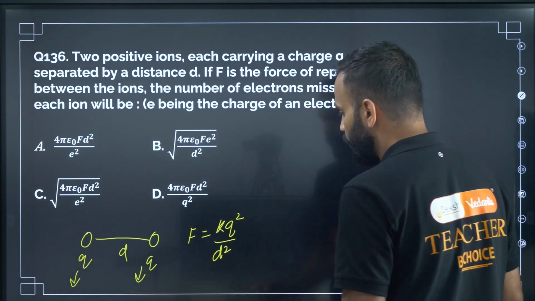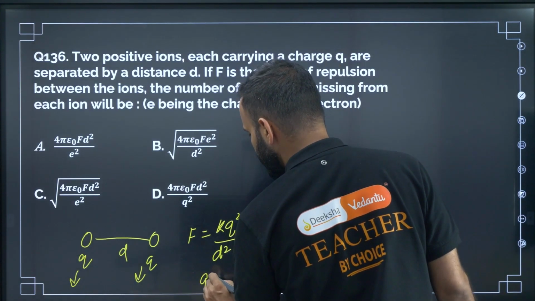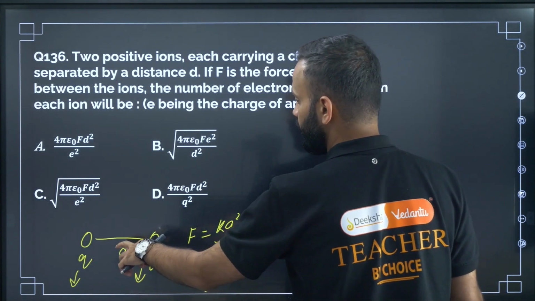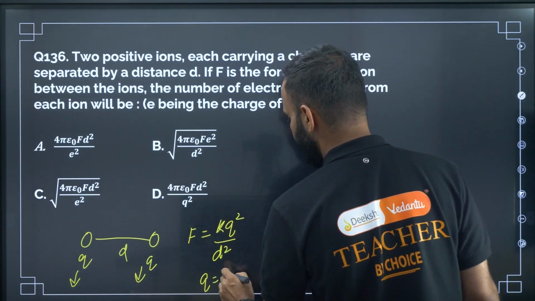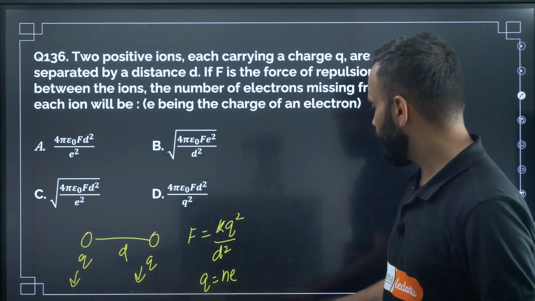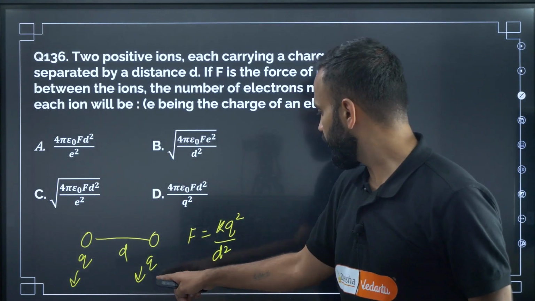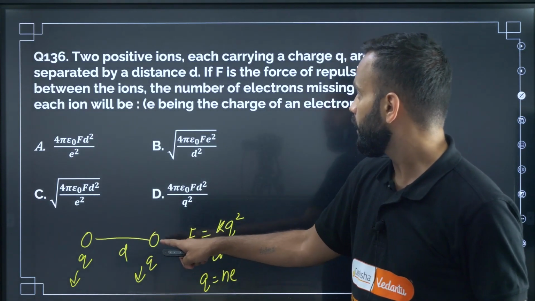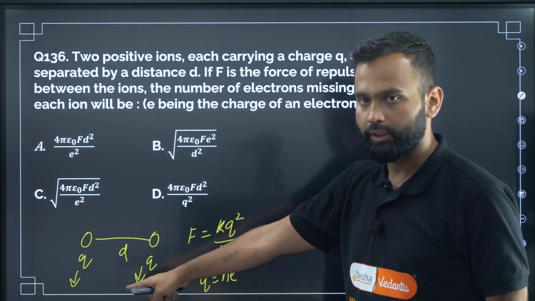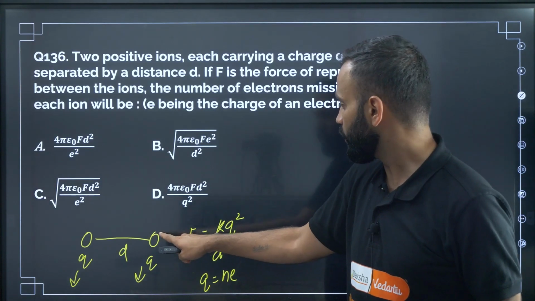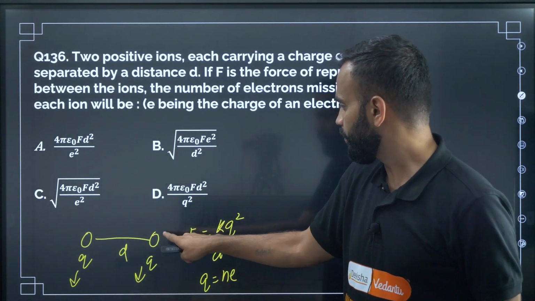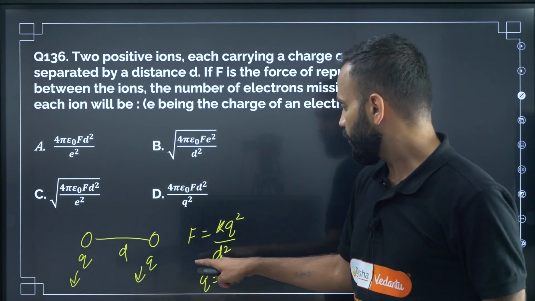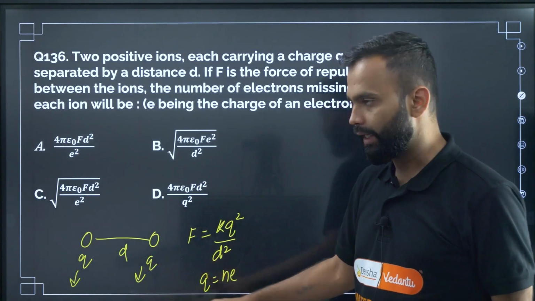So the charge of these ions, Q, equals N into E, the total charge of the removed or missing electrons, which is equal to the charge of this positive ion.